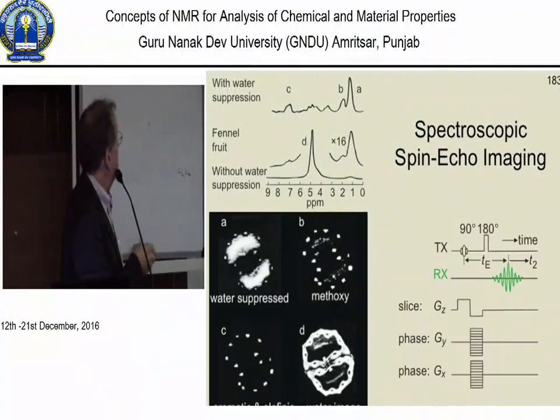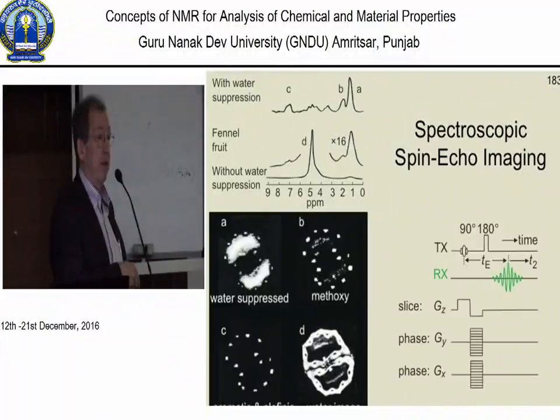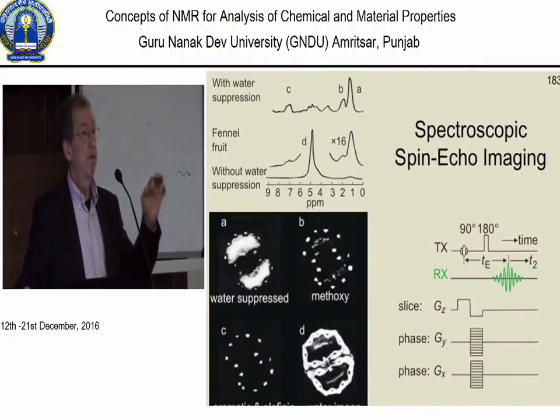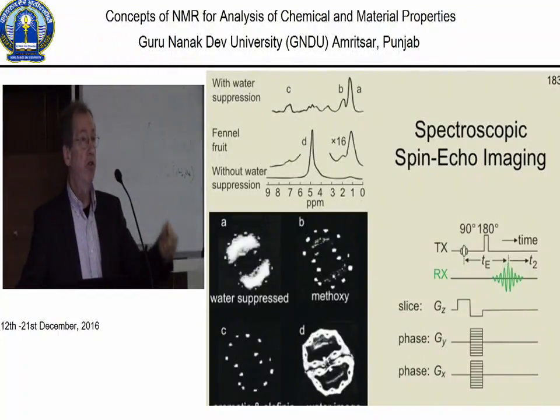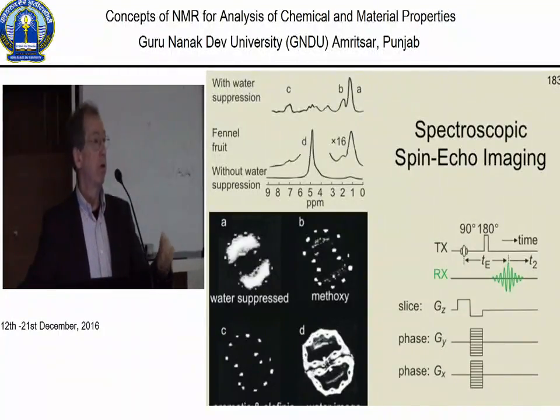This is the signal B, that is the methoxy groups, and they tell you where all the molecules are that have methoxy groups in the plant stem, in the seed, in the fennel fruit. And C is the aromatic and olefinic groups that you see here. And when you take the water image, look at D, you see that image itself. So you can do chemical selective imaging: look at the distribution of particular chemical compounds in a heterogeneous object like a plant, or a plant seed, or a fruit, or whatever.